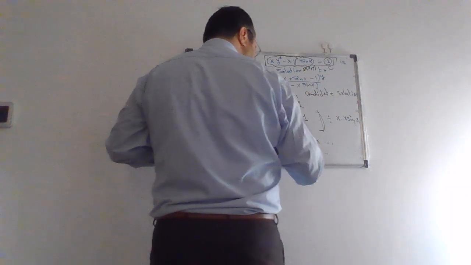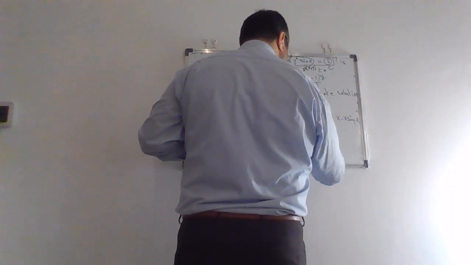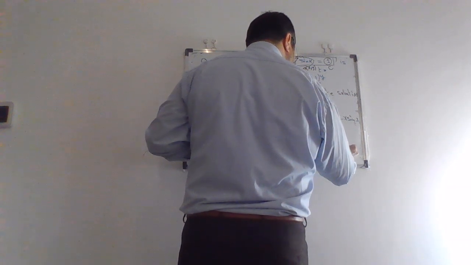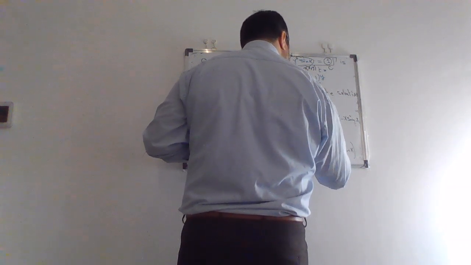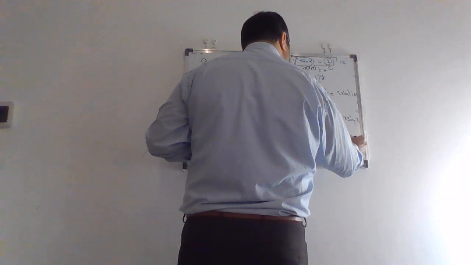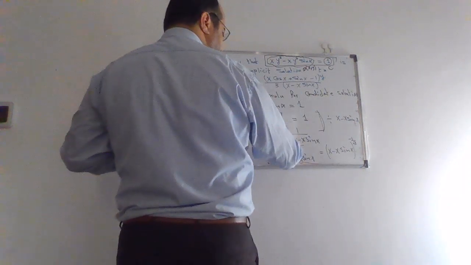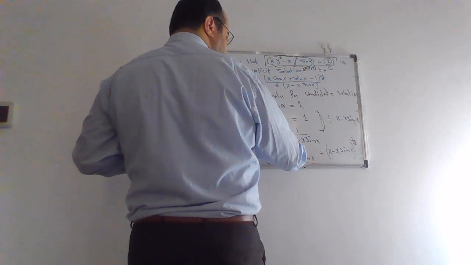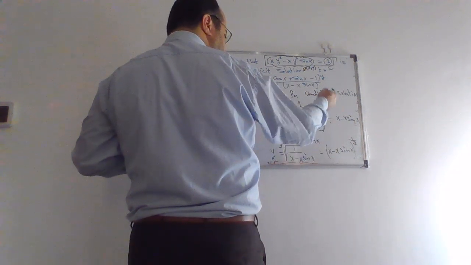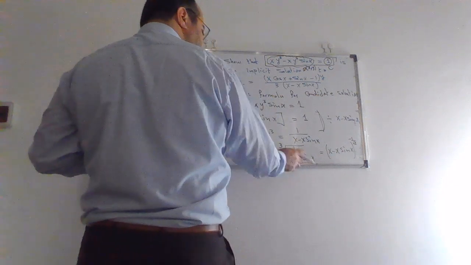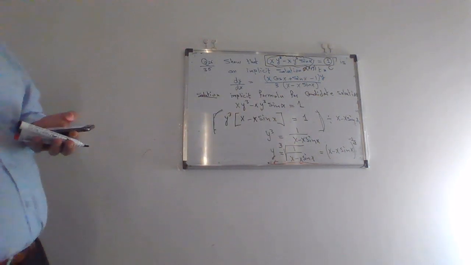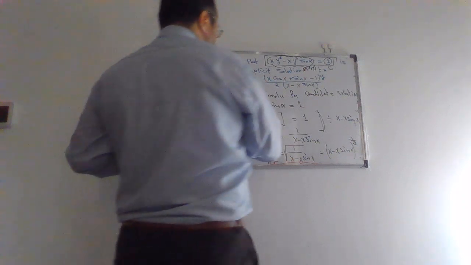And then this thing is the same as, if you like, x minus x sine x with power minus 1 over 3, right? So it is power 1 over 3 here, power 1 over 3 here, and then you can bring it up and make it x minus x sine x to the power minus 1 over 3.